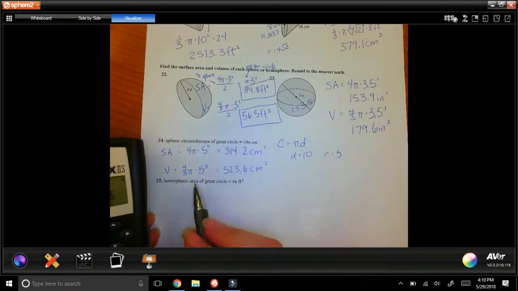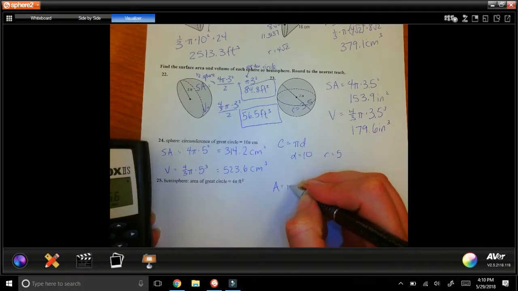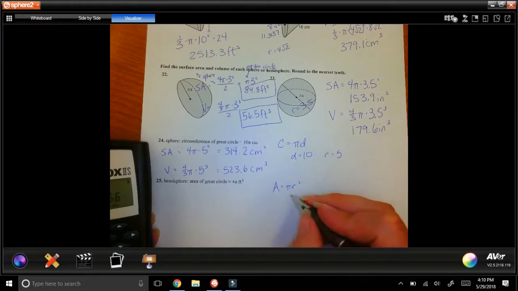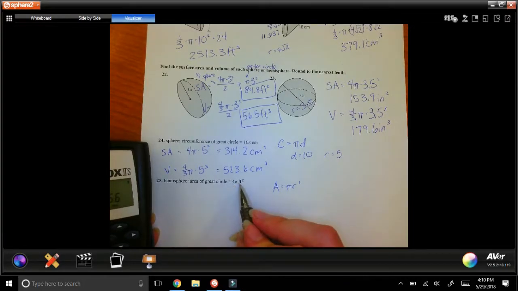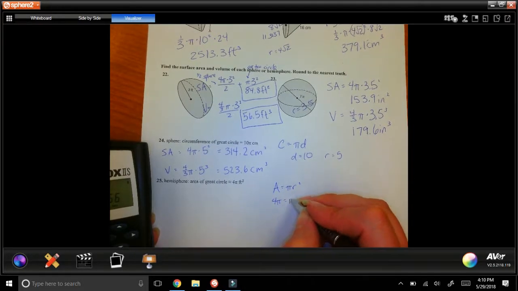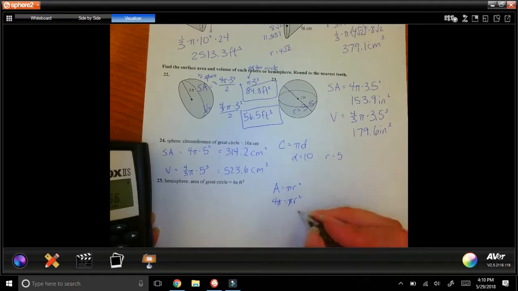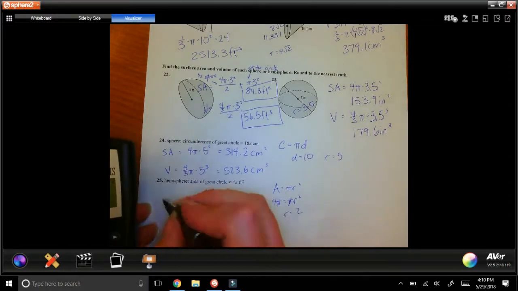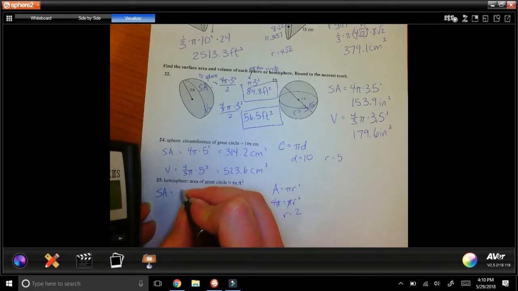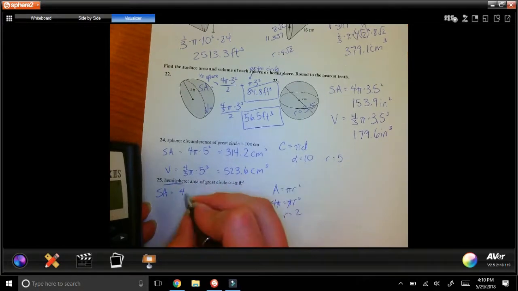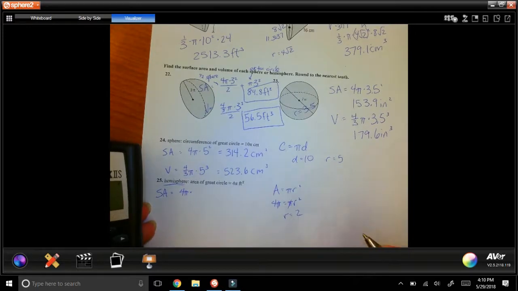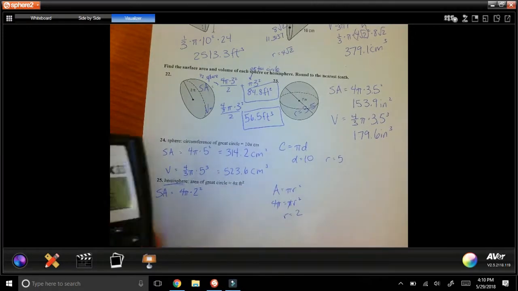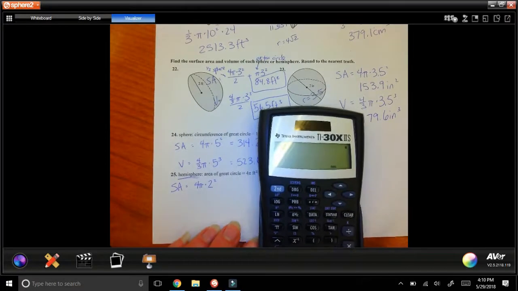And then this last one, it gives me the area of the great circle. Area is pi r squared. So if you plug in the 4 pi here, the pi's cancel out, the radius would be 2. Okay. So if the radius is 2, surface area with a radius of 2, remember this is a hemisphere, would be 4 times pi times the radius squared. So let's see, that's 4 pi times 4.